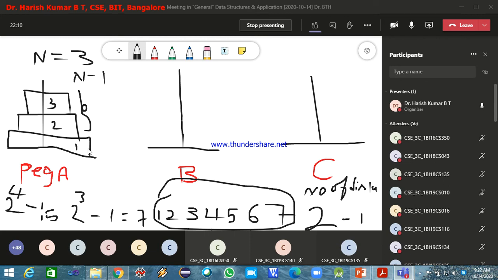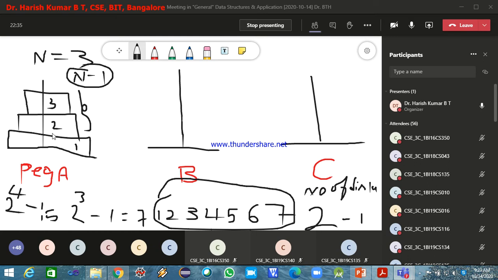Yeah, let us do it again because I want to make this concept clear, n minus 1 concept. Now come again. So where I'll be shifting this 3? To C. Okay, observe now. See this n minus 1 disk, what I am telling now. I want them to be on B. This n minus 1 disks.